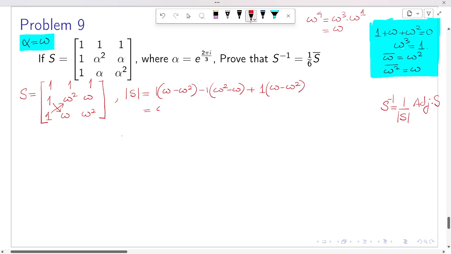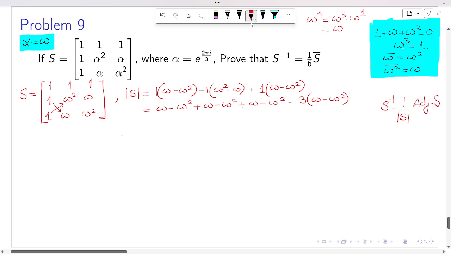So this is omega minus omega square, omega minus omega square, omega minus omega square. This is just 3 times omega minus omega square. This is the determinant of S.